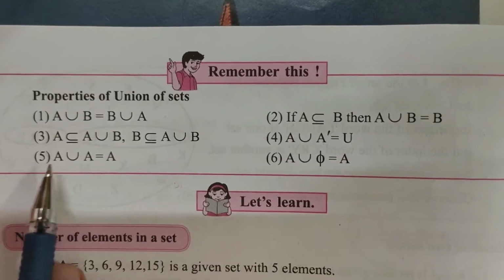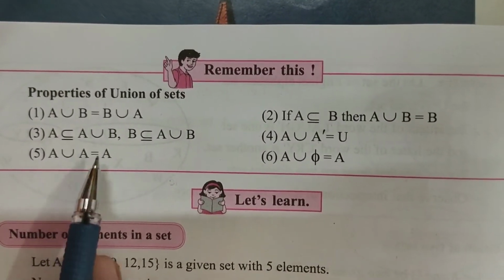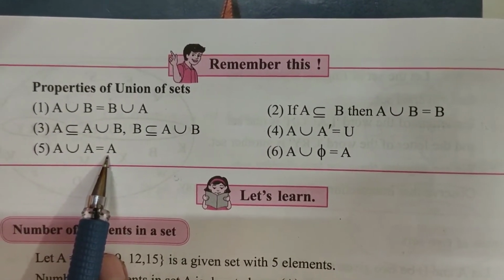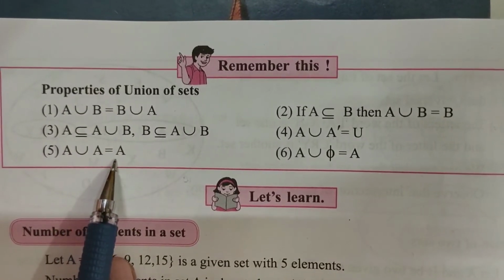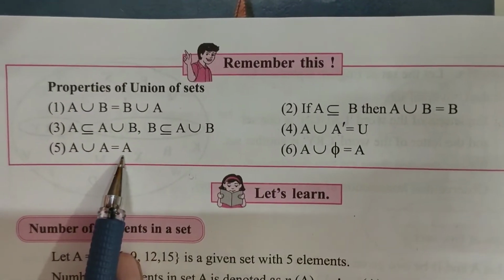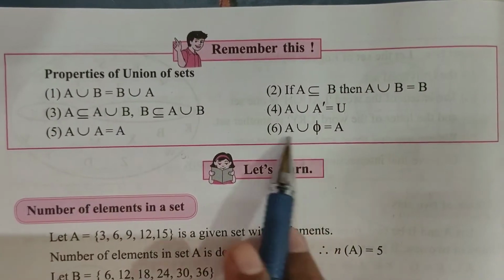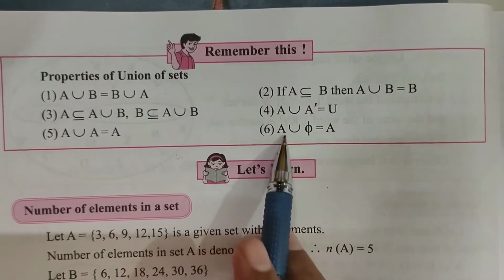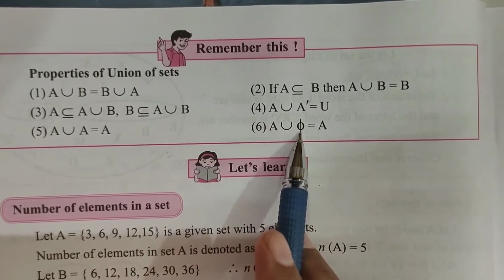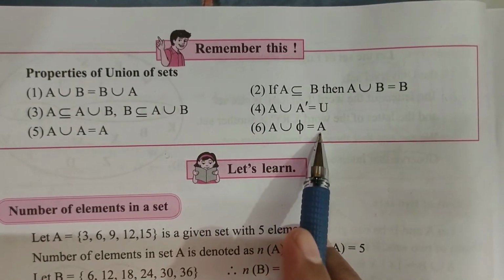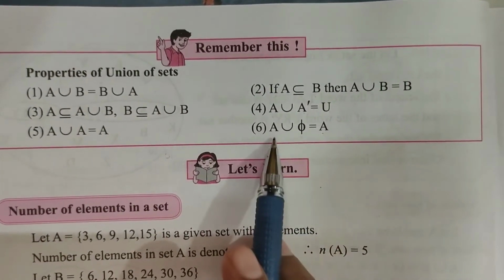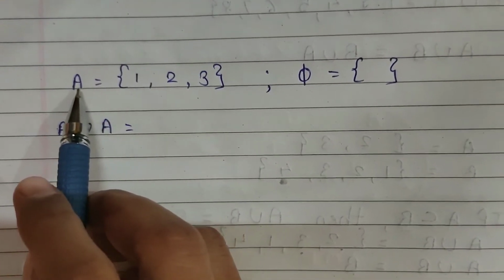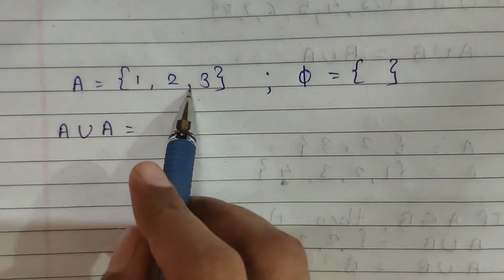Fifth property, A union A is equal to A. It means we have to write all the elements, so it will represent the same set again. Next one, sixth: A union empty set is equal to set A. I have set A, which has some elements.